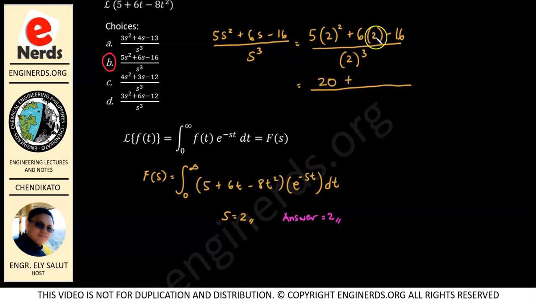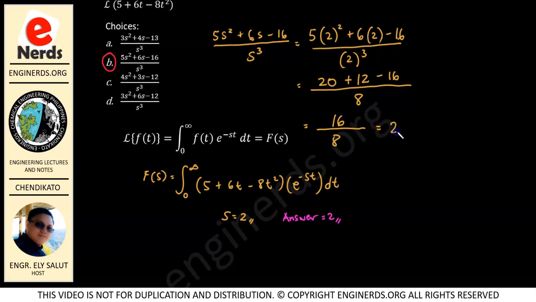Plus 6 times 2 is equal to 12 minus 16 over 2 cubed, which is equal to 8. So therefore, we have here 20 plus 12 will be 32 minus 16 is equal to 16. And we have here over 8. Now 16 divided by 8 is equal to 2.